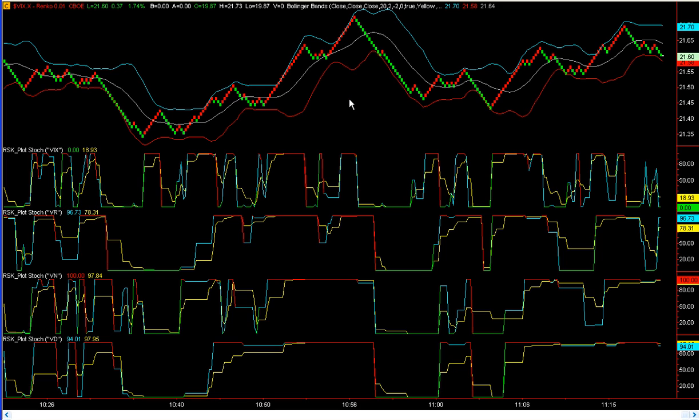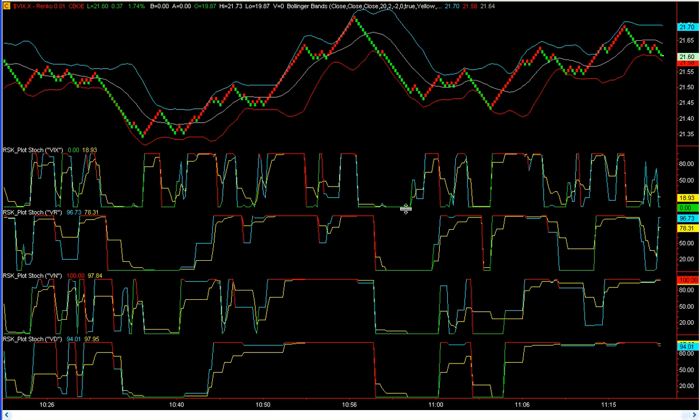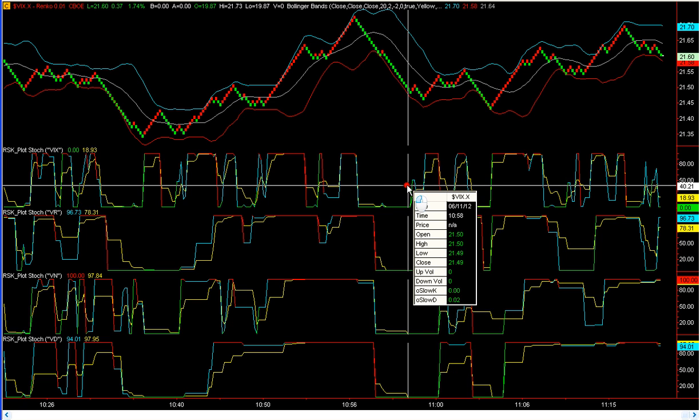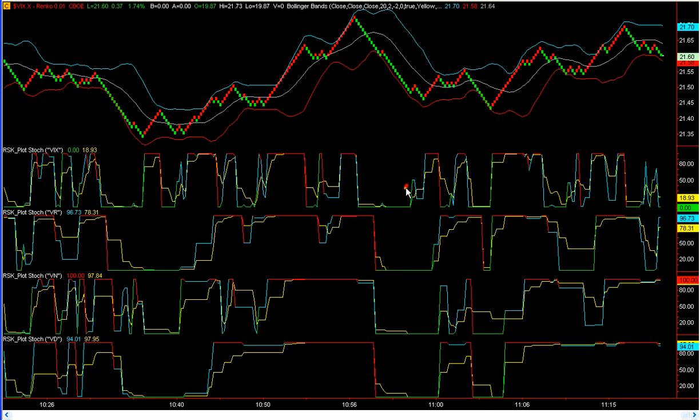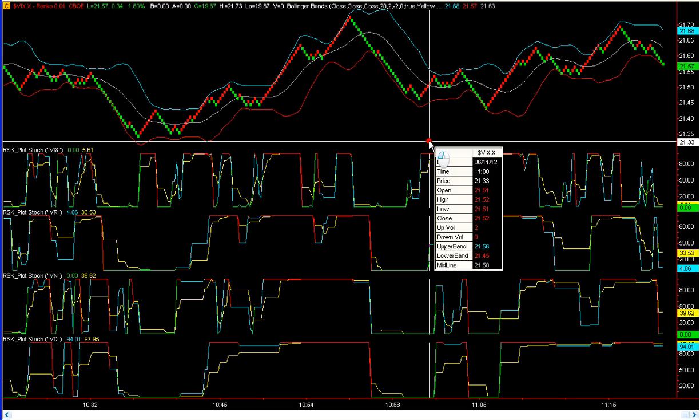So what I'm going to want to see when I'm taking a trade is general agreement with the VIX. For example, I want the VIX to be overextended into what would constitute an oversold range when I'm about to take a short trade because of the inverse relationship there, and overbought when I'm about to take a long trade.